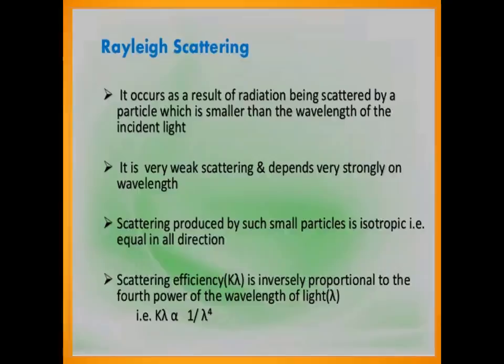So the blue colors are scattered away, and only red and orange colors remain. During sunset and sunrise, we are able to see only those colors. It is due to Rayleigh scattering. Therefore, the color of the sun is red at sunrise and sunset. This is due to Rayleigh scattering. Have you understood, children?